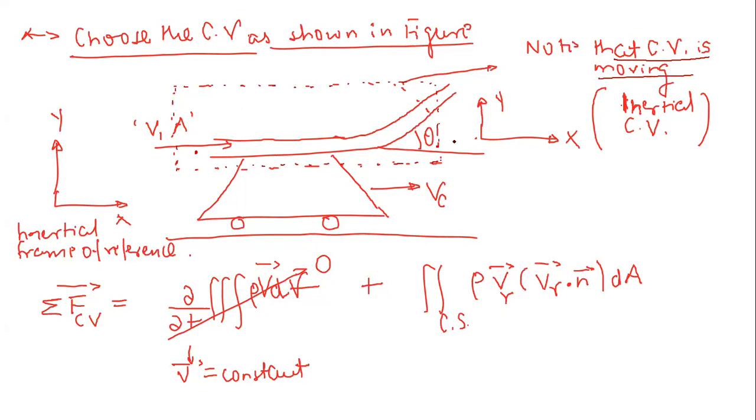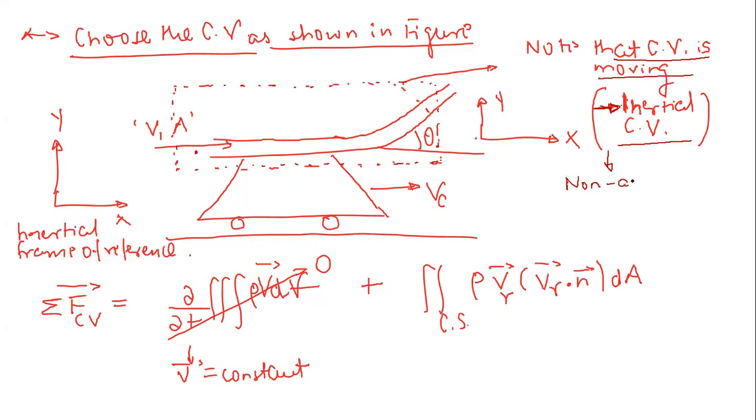So this control volume is moving. Why? Because this vane is attached to this cart, and if the cart is moving, then this control volume should also move. But very important, even if this control volume is moving, it is an inertial control volume. An inertial control volume is a non-accelerating control volume.